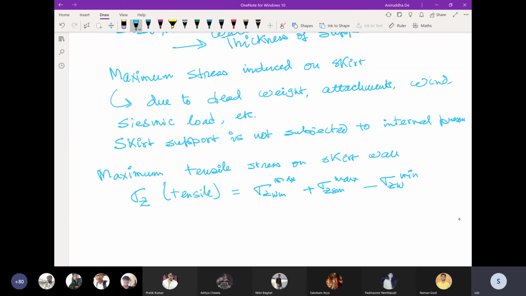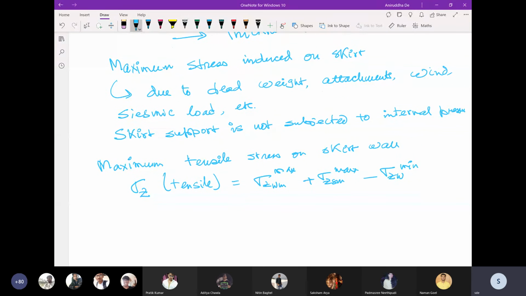Why is sigma ZW minimum there? Because it is due to the dead weight. Sigma ZW, if you remember the nomenclature from the previous lecture, is the stress because of the dead weight, and the stress because of the dead weight is always compressive in nature. We evaluate the minimum, then we subtract. That will maximize the tensile stress.